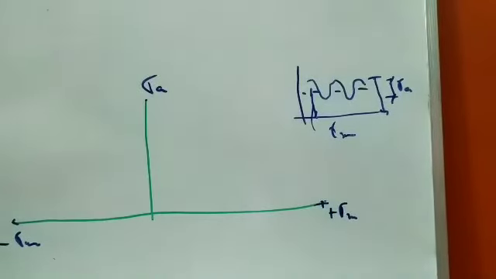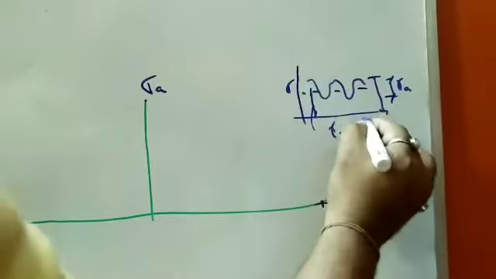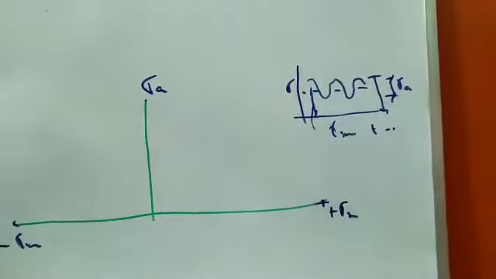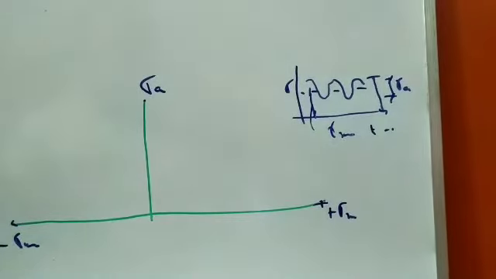So both components are present. As both components are present, the force is like this, this is the value of stress, and it varies with time. So if this is the condition, how do we design for it?